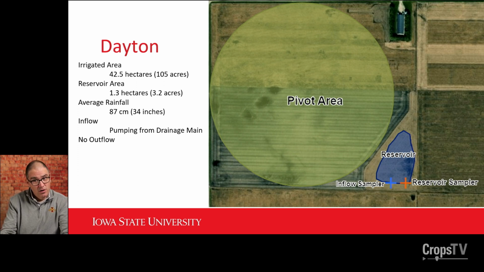The reservoir takes about 3 acres. And the inflow to that reservoir is pumping from the drainage main. And again, no outflow from this system. So really all the water that goes into the reservoir is used for irrigation, or some would be lost to evaporation or seepage from that system.